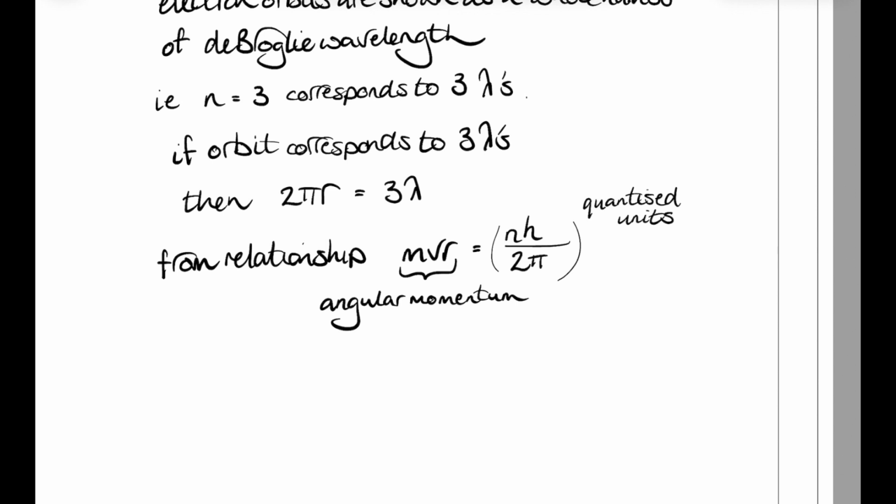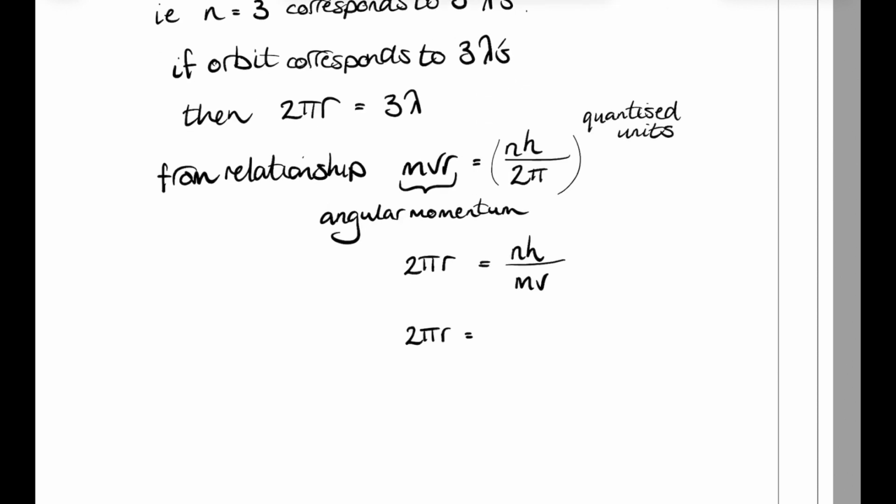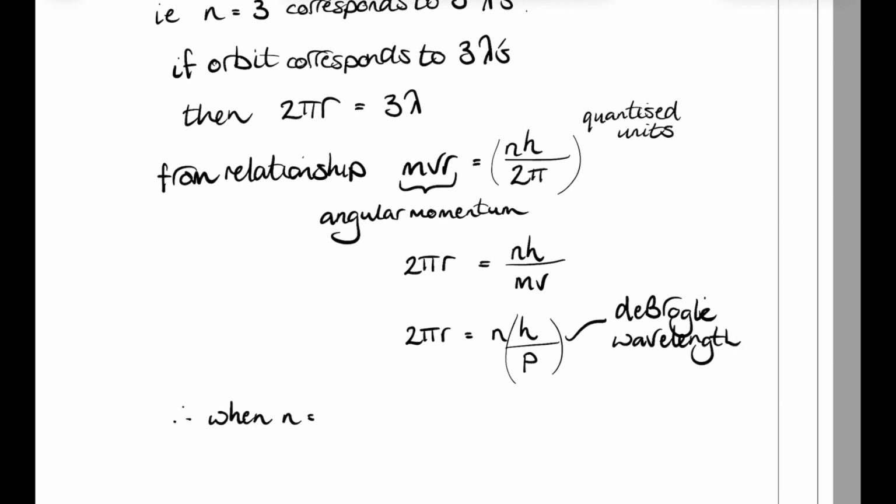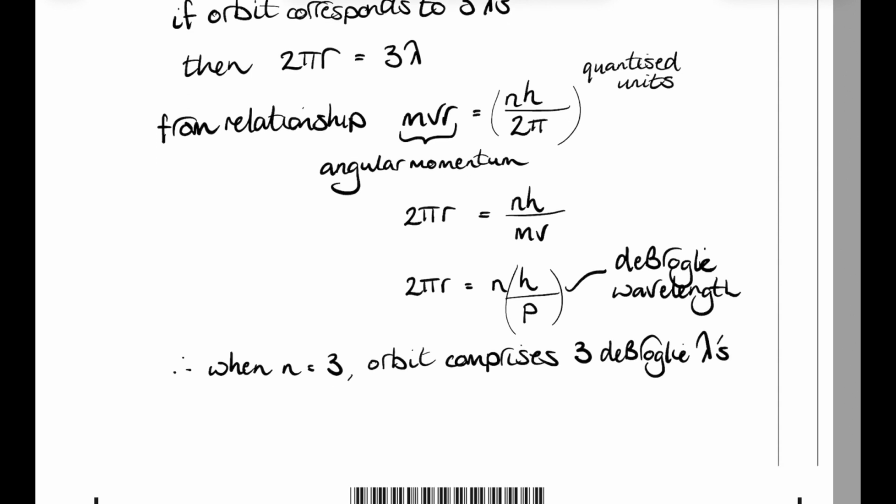So if we rearrange that, then 2 pi r will be equal to nh over mv, and 2 pi r then is equal to nh over p, and h over p is equal to the de Broglie wavelength of the electron. So when n equals 3, the orbit comprises 3 de Broglie wavelengths, and this is also the case when n equals 4, n equals 5, n equals 6.